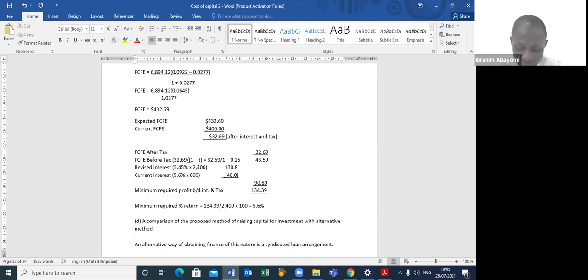Look at this company, Jupiter. Want to raise loan from Japan and from Europe. So the appropriate means of raising that finance is through a syndicated loan, because syndicated loan will allow banks from different jurisdictions, from different countries, to come together and provide that finance to you. That is what we call syndicated loan.